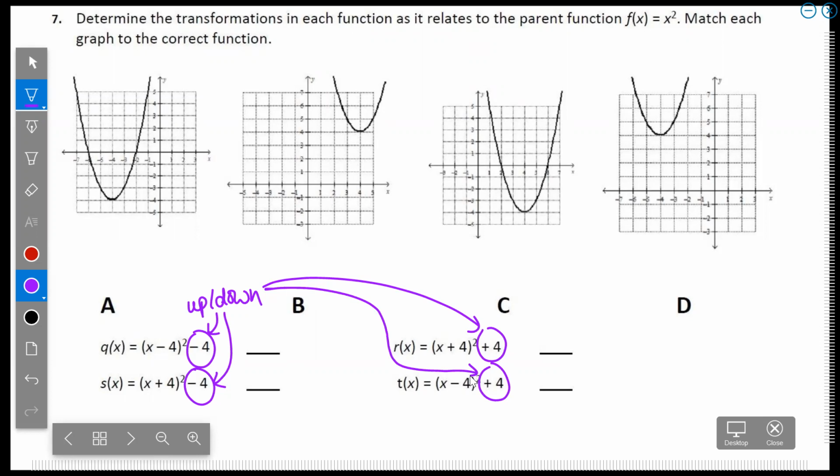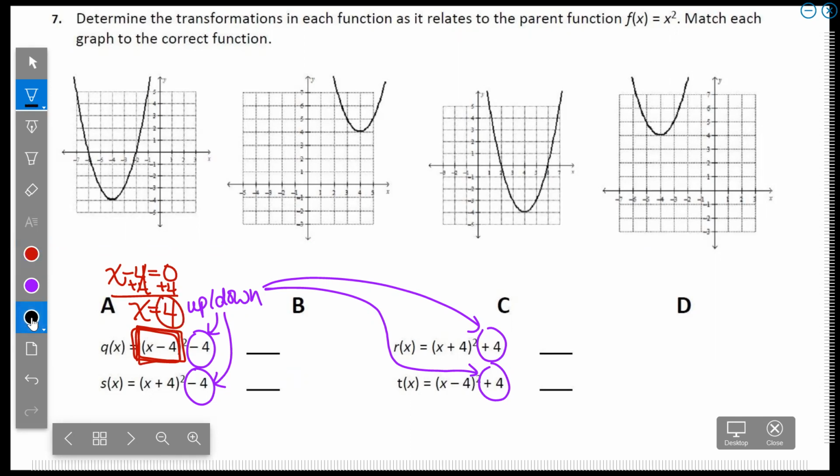Do you guys see how I have some things inside parentheses here? These look a lot like factors, right? What do we always do with factors? Set them equal to 0. X minus 4 equals 0. How do I solve that for x now? Add 4 on both sides. Well, which one of these, A or C, has an x part at +4?